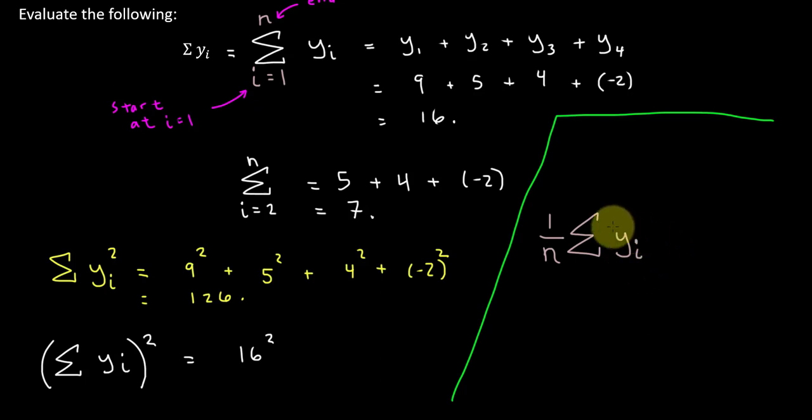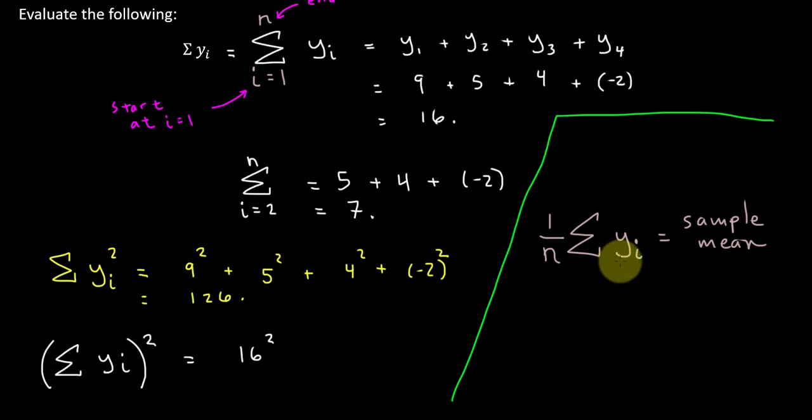Do you know what this is representing? Isn't this the sample mean? So I didn't show you this formula in the central tendency video because we hadn't talked about this notation yet, but this is a very quick, concise way to formulaically write out the mean of a data set.